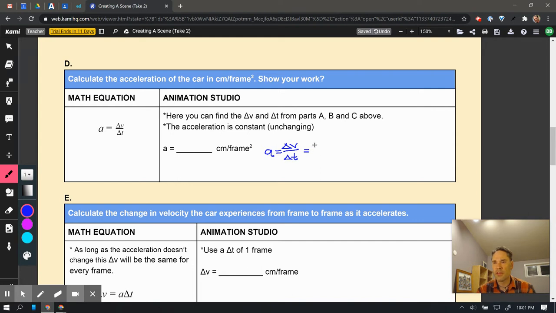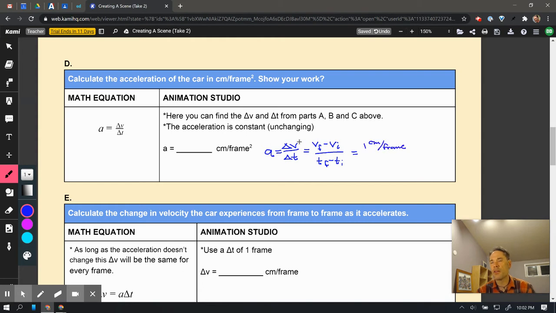So I'm going to say velocity final minus my velocity initial. And I'm going to put that over the top of a change in time, which is a time final minus a time initial. So this is my change in velocity over change in time. And my change in velocity goes like this, where my final velocity is 1 centimeter per frame.